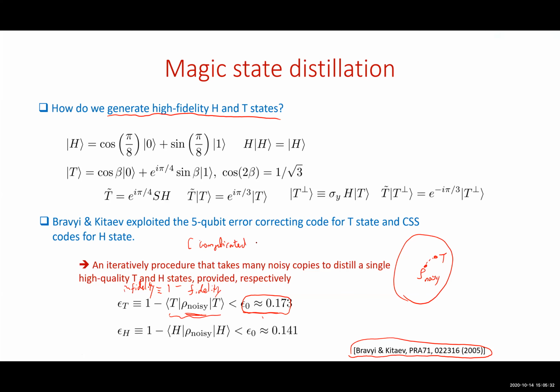But are 0.173 and 0.141 the upper limit? Yeah, the upper limit for the infidelity. This depends on what error correction code you use. They know that if it's close enough, in the sense of infidelity less than this, it can certainly be used to distill.